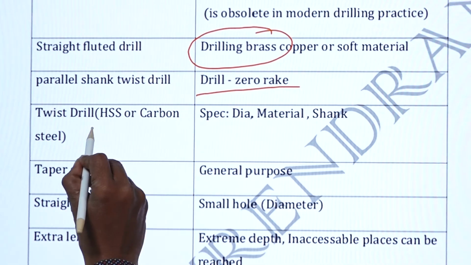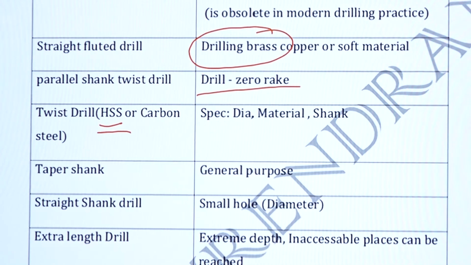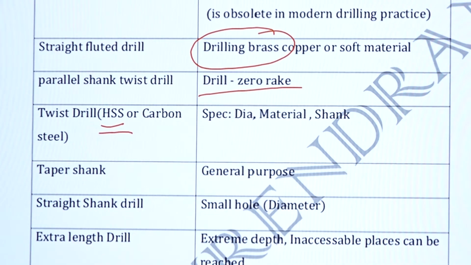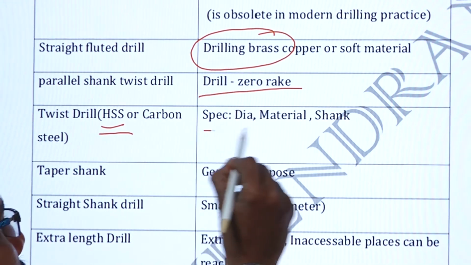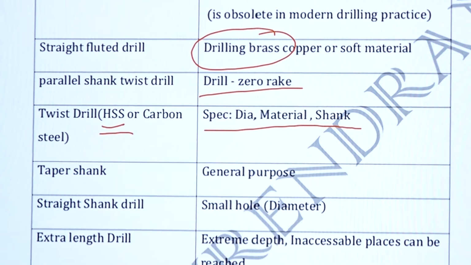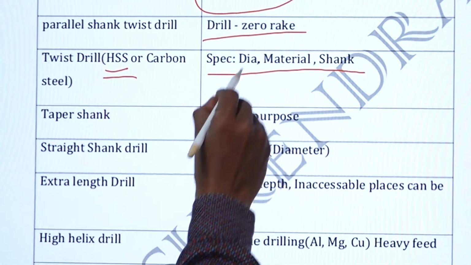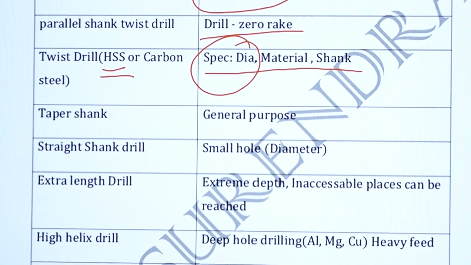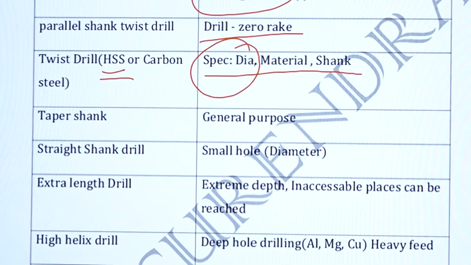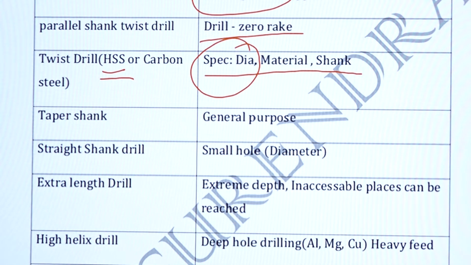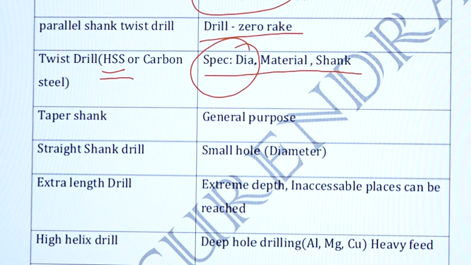The twist drill is made up of high speed steel, and it is specified by the diameter of the drill bit and the material of the drill bit and shank. The diameter of the drill bit is the most relevant. We have two types of shank: parallel shank and taper shank. Most commonly used are taper shank.